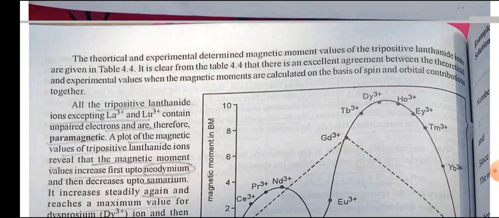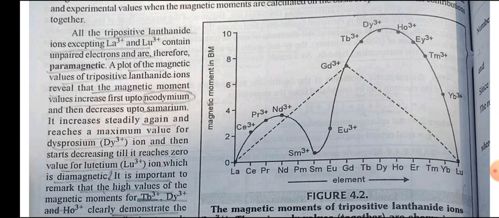The theoretical and experimentally determined magnetic moment values of the tripositive lanthanide ions are given in Table 4.4. It is clear from Table 4.4 that there is an excellent agreement between the theoretical and experimental values when the magnetic moments are calculated on the basis of spin and orbital contribution together. All the tripositive lanthanide ions, except La3+ and Lu3+, contain unpaired electrons and are therefore paramagnetic.